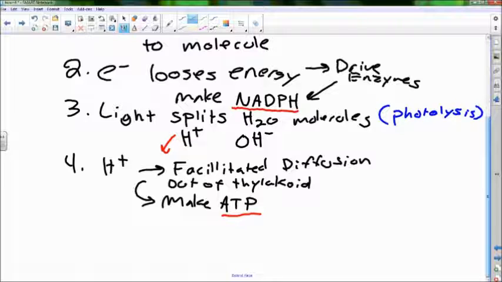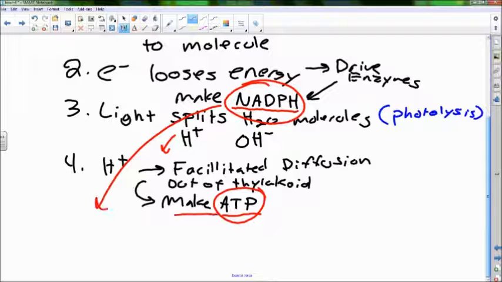It moves out of the thylakoid into the stroma. And as it does that, as it goes through that carrier protein, it's going to make ATP. And these two things are then going to be important in stage 3. That's kind of the point of stage 2, is to make these energy-carrying molecules, the NADPH and the ATP, because those can then go on to stage 3.